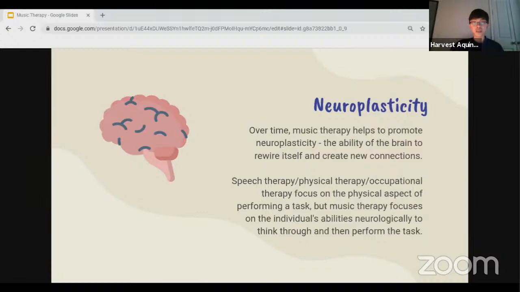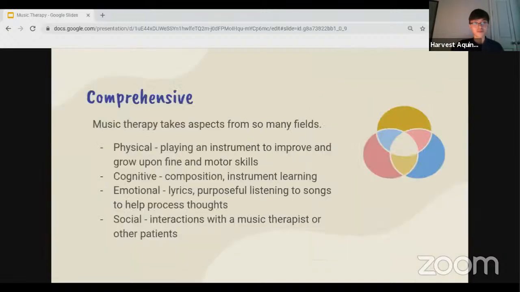If you think of speech therapy or even physical and occupational therapy, those focus on the actual physical aspect of performing that task. But music therapy focuses on the individual's abilities neurologically to think through and then perform that task. You'll also see music therapists working alongside physical, occupational, and speech therapists as well.